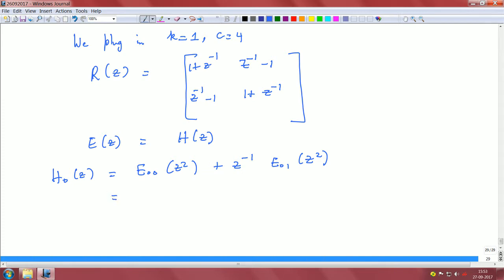So you do the math, this comes out to be 1 plus z power minus 2 plus delay times 1 minus z power minus 2. To simplify, this is 1 plus z power minus 1 plus z power minus 2 minus z power minus 3.